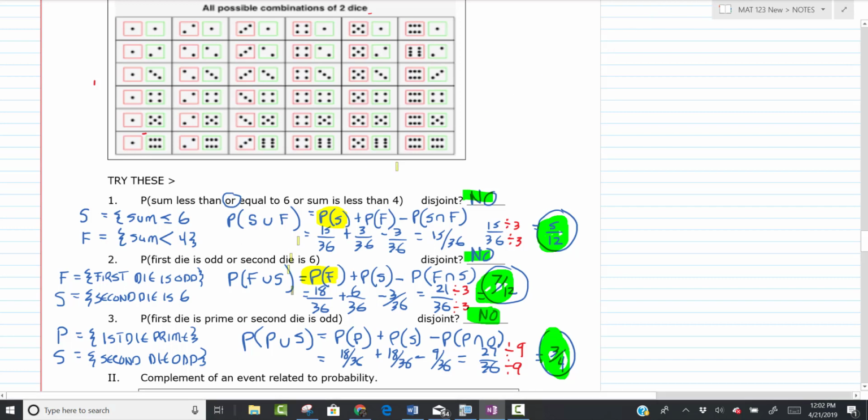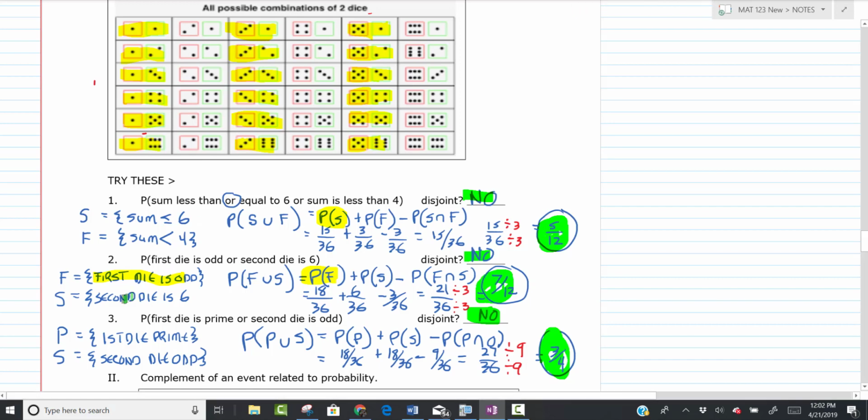So we're going to highlight the probability that the first die is odd. So that could be all 6 of those, all 6 of those. So the first die either has to be a 1, a 3, or a 5. So that's 18 possibilities right there. 6 plus 6 plus 6 is 18 possibilities. So that takes care of that.